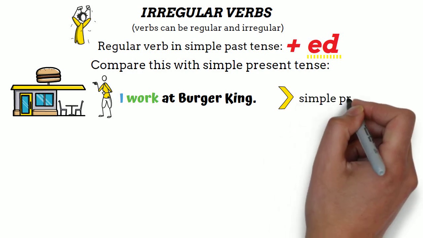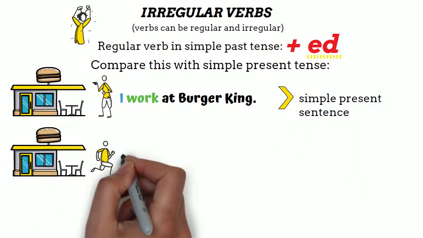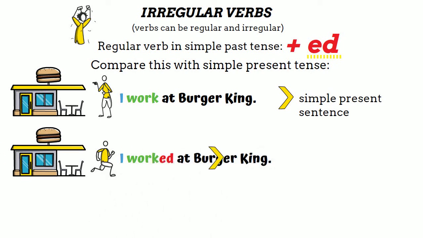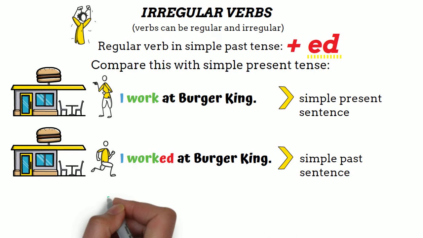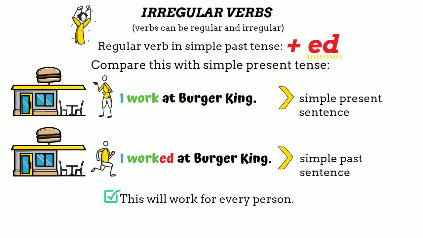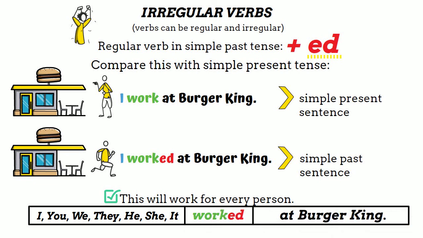This is a simple present sentence. And I worked at Burger King. This would be a simple past sentence. The good news is that this will work for every person. I, you, we, they, he, she, it worked at Burger King.